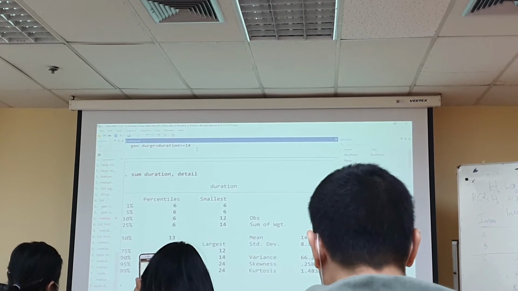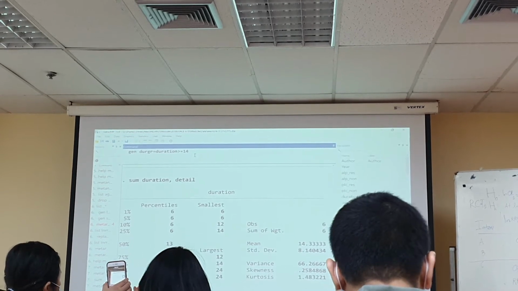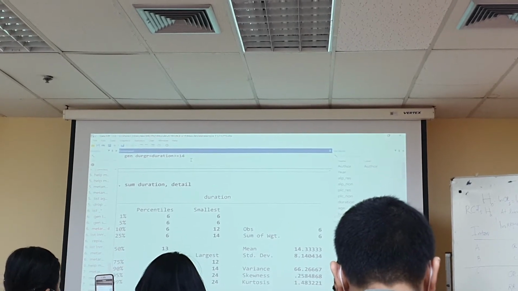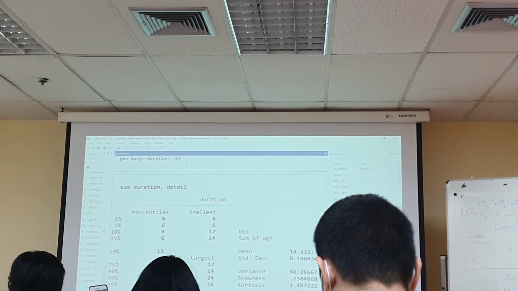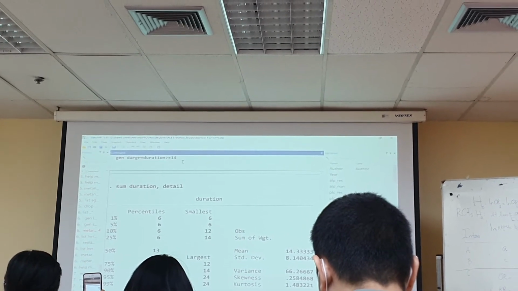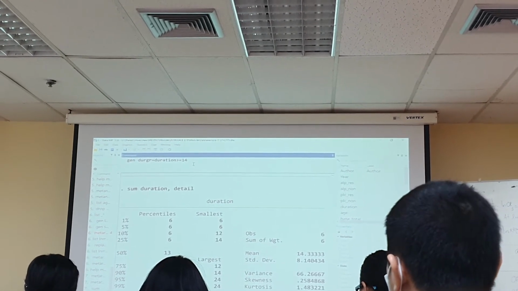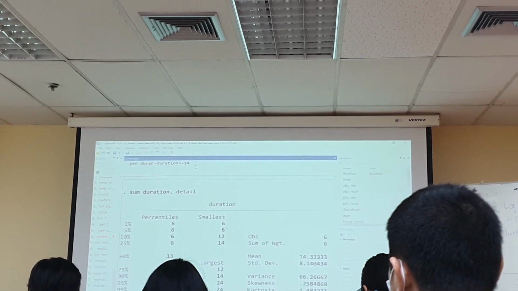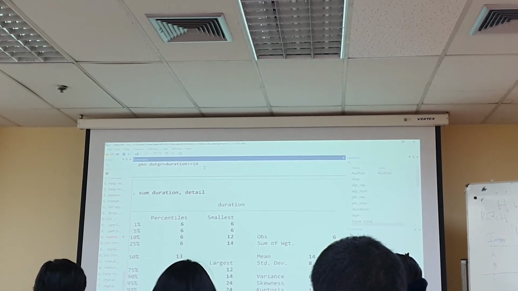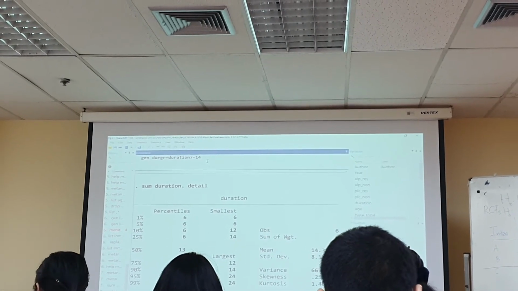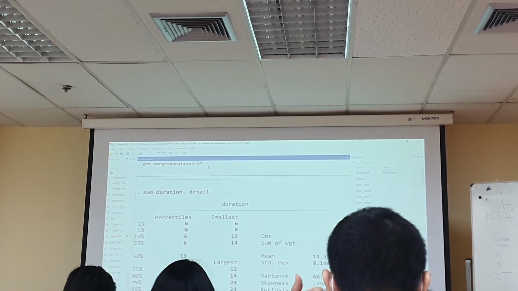That's duration GR, the new variable that we want to classify into 2 groups, with the condition that it equals the original variable duration with the condition 14 or higher, and that will be coded as 1, otherwise it is 0.